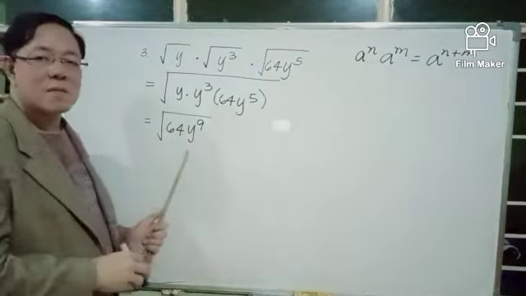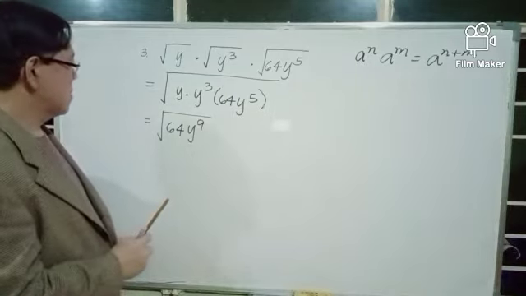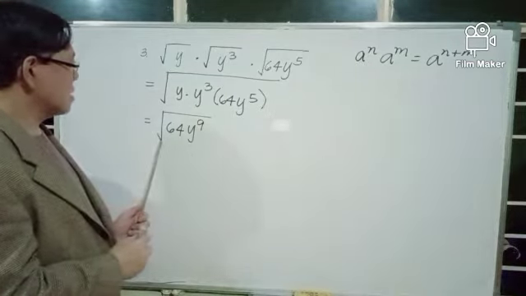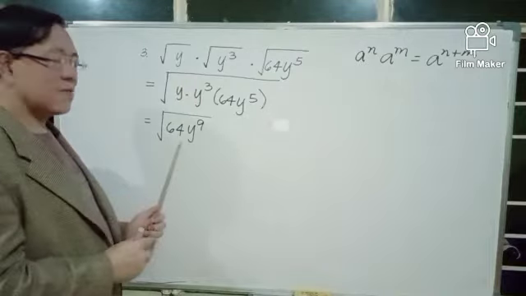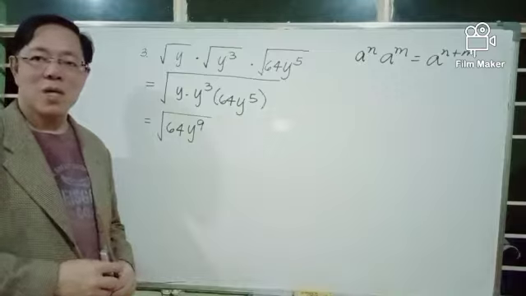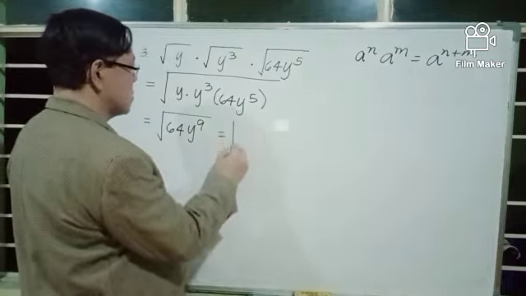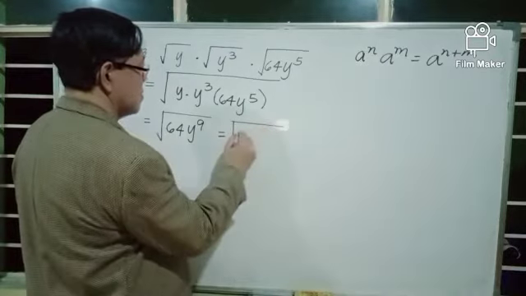Now we further simplify. We take 64y raised to 9 as a single quantity raised to exponent 1. This is equal to the root of 64.